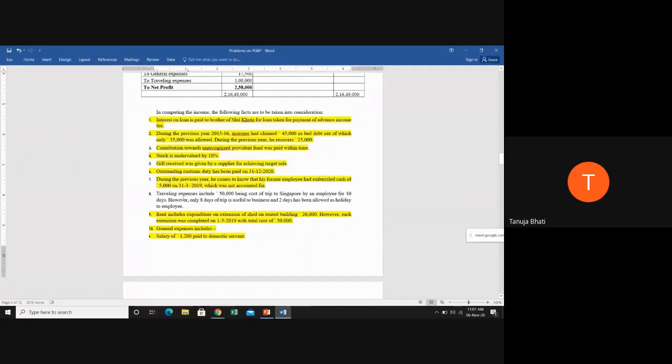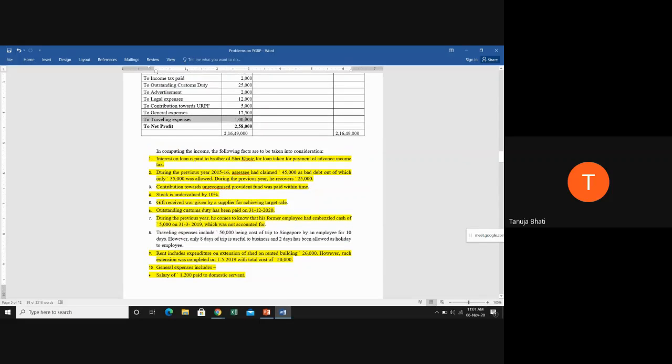Next, traveling expenses include 50,000 being cost of trip to Singapore by an employee for 10 days. However, only 8 days of the trip is useful to business and 2 days are allowed as holiday to the employee. So students, there was traveling expenses. I think we didn't consider this. To traveling expenses, 1 lakh rupees was there.